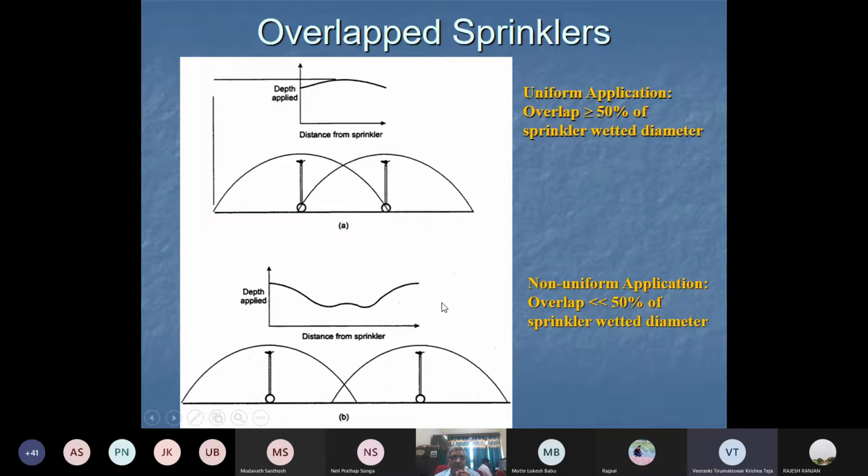Very much desired, and this overlap will repeat. But this is the ideal structure, and it may vary depending on the direction and speed of the wind.